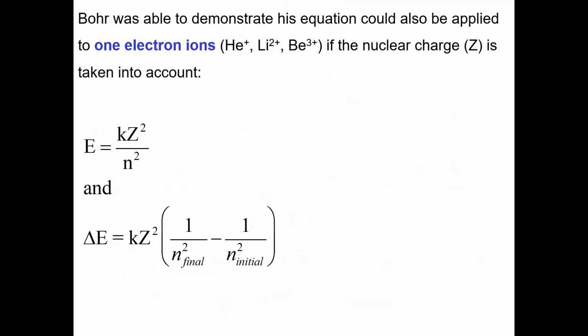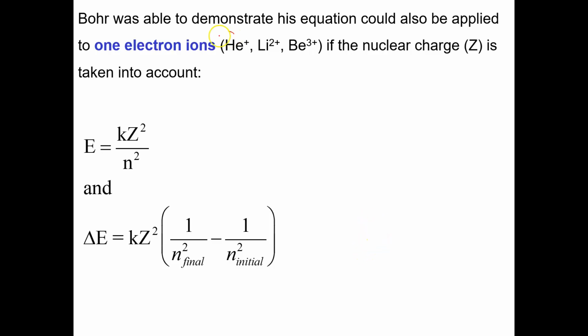Now, Bohr was able to do something else that was really cool. He was able to show that his equation could also be used to calculate the energy of the electrons in one electron ions. So you could have a nucleus that didn't just have one proton in it.